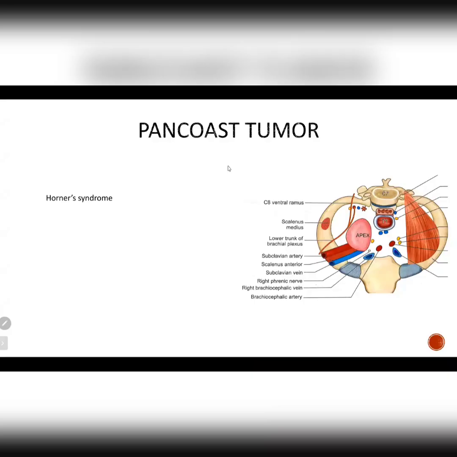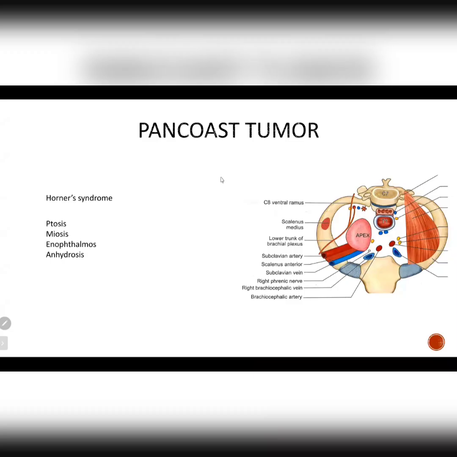Ptosis means drooping of eyelid. Very good. Any other feature? Anhidrosis means loss of sweating, and that will happen on the affected side. So there'll be loss of sweating on, say, half of the face. Miosis means pinpoint pupil or constriction of the pupil, and another feature called enophthalmos.